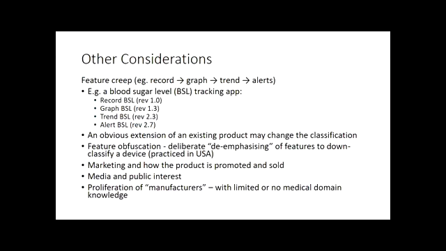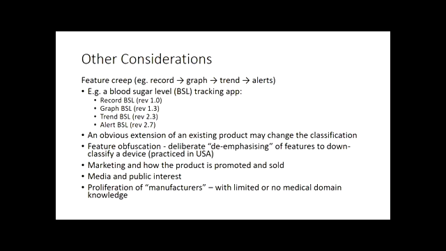All right. Other considerations. There is a lot of feature creep with software. It seems like the natural progression of things, so you might have something that slowly, step by step, goes from not being a medical device to being a medical device. For example, an app that tracks your blood sugar levels. The first version only recorded the level.